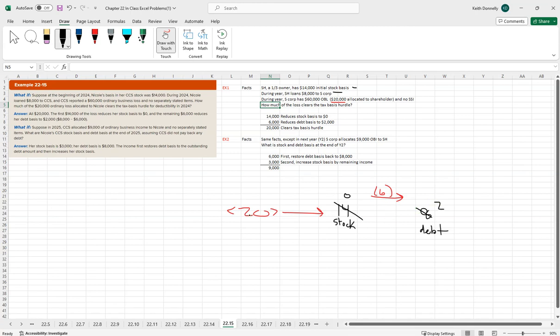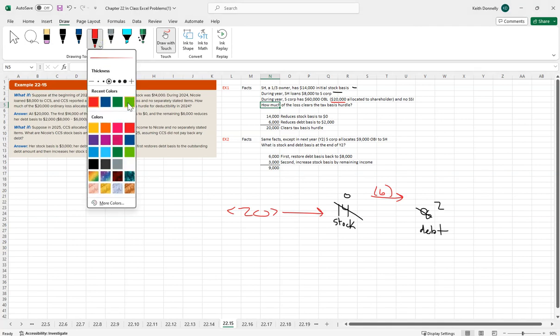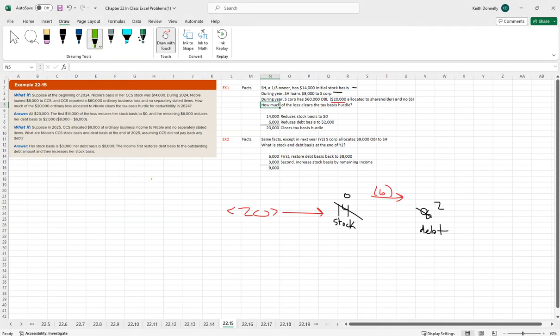So whenever you have net negative basis adjustments, first thing you do is take down stock, then you take down debt. But this right here was at the end of year 1.